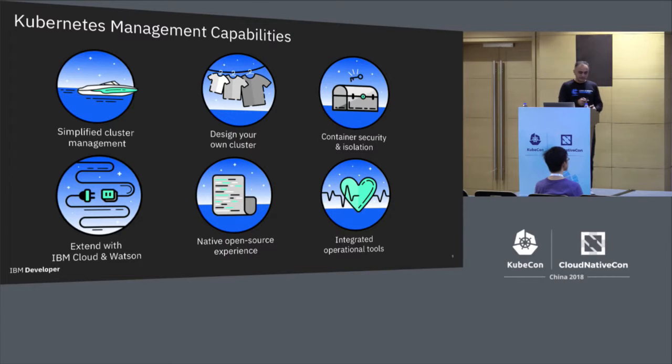So you just get that as well, and it's 100% native open source experience, 100% Kubernetes experience. You get the Kubernetes dashboard, right? All the standard Kubernetes commands, all those YAML files, whatnot, you use as such. No surprises there, no complications. And then it comes with a lot of integrated tools, right? So for your monitoring, for logging, security, whatnot.